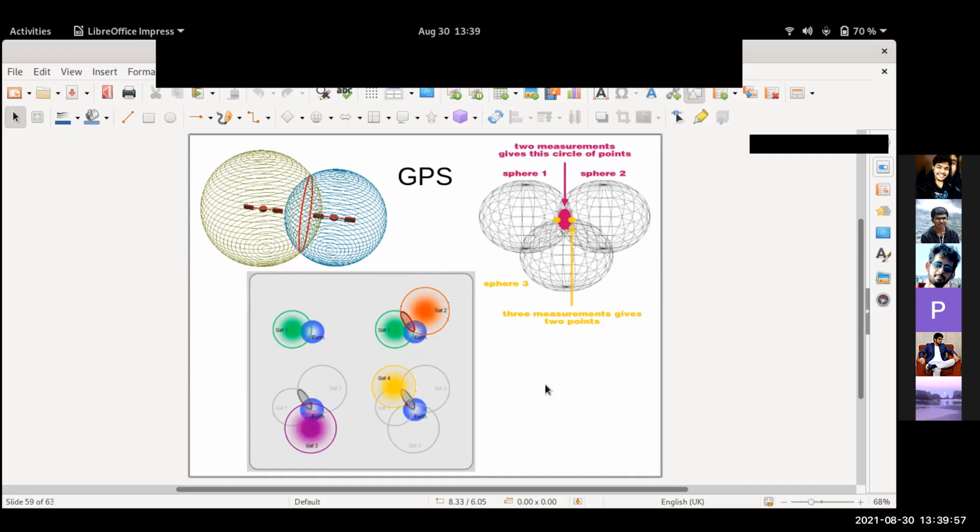The bias with respect to the atomic clock is measured, and that you add as a compensation to your quartz clock. That will be the estimate. For that you require the fourth satellite.